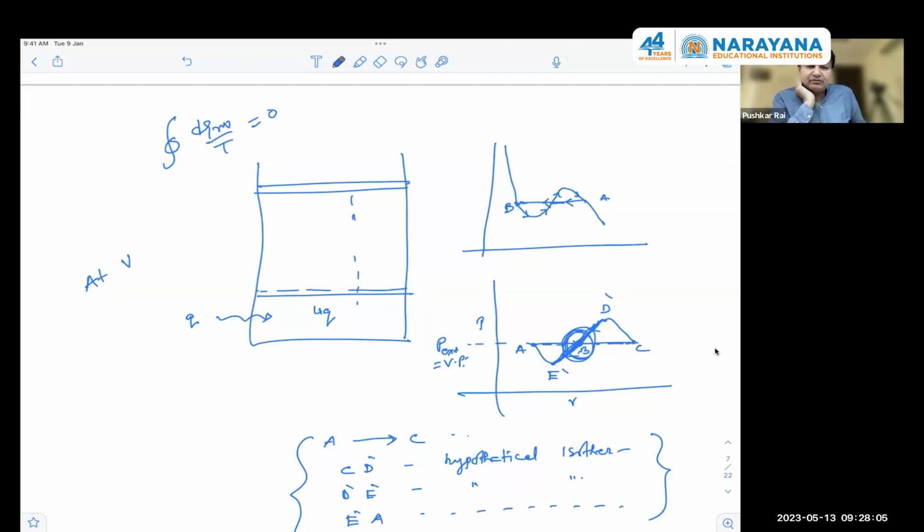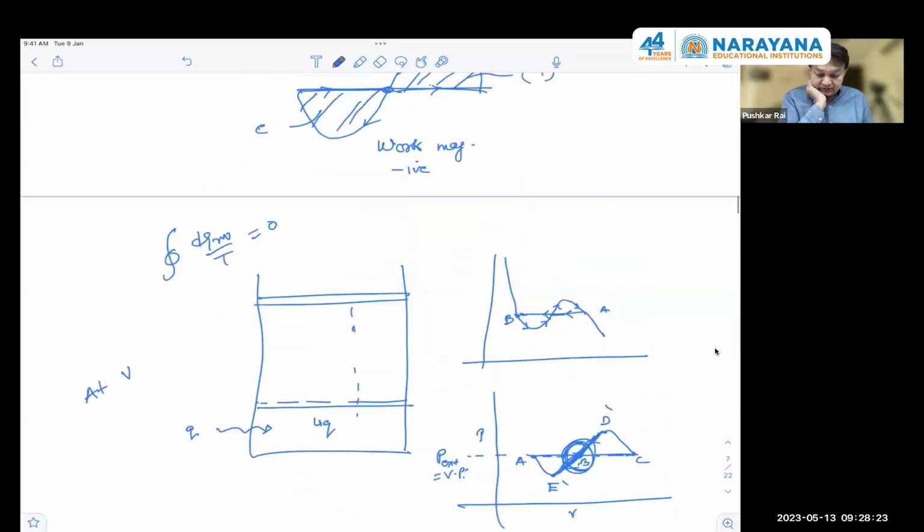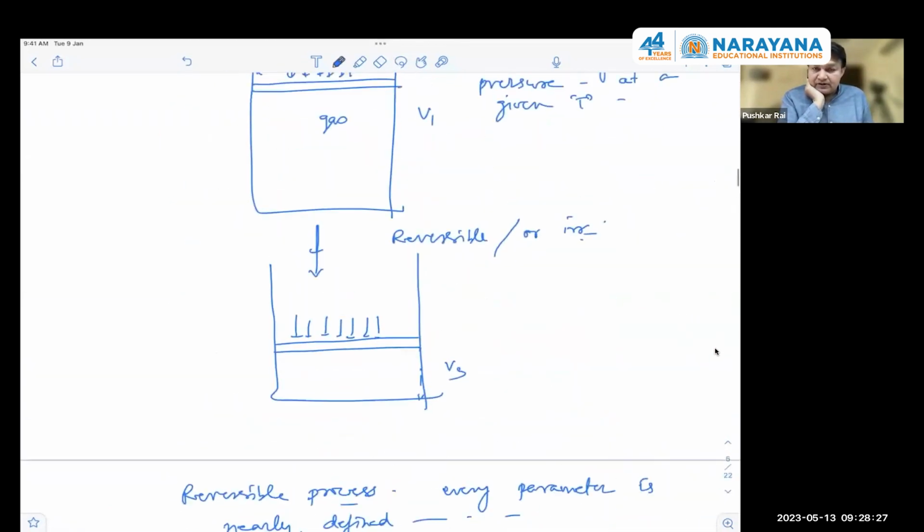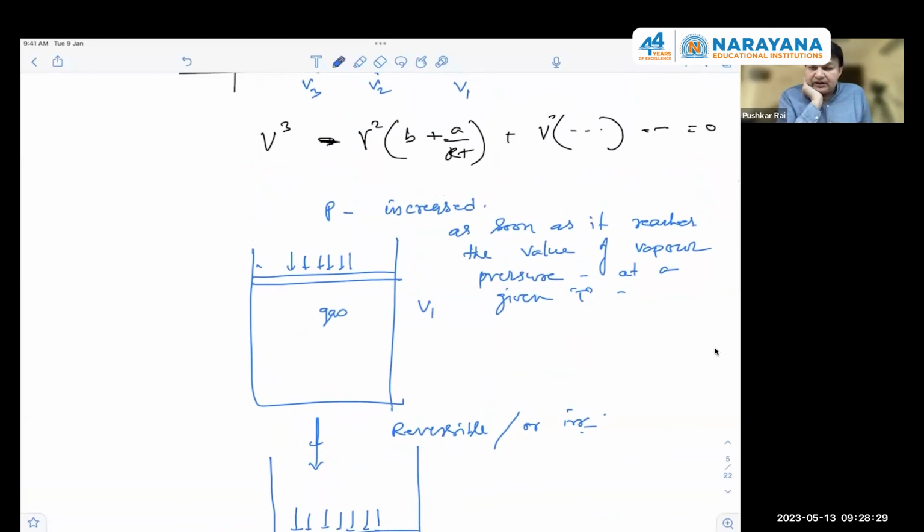To understand why JEE always asks one question on real gas: in engineering, when you enter, you'll find that we have a lot of interest in real gas. Thermodynamics and real gas go hand in hand. So I have given a few additional points about this. That completes the discussion. If you have any doubts, even theoretical doubts in real gas, I'm there to answer them. Otherwise, I will move ahead.